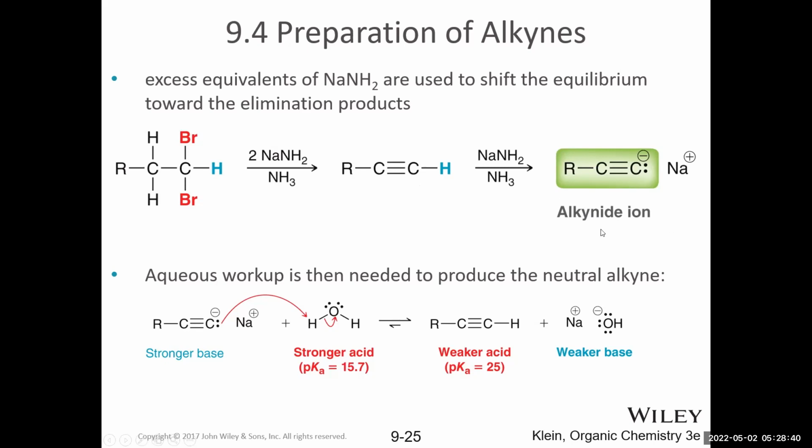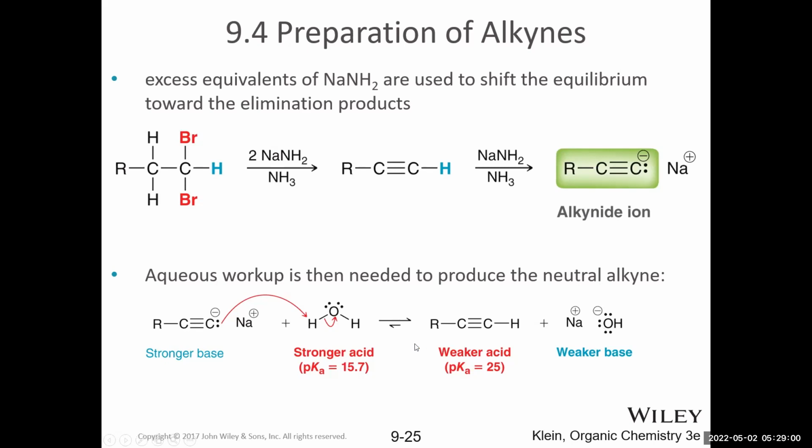Once we get the alkanide ion in solution, we just need to do an aqueous workup to isolate the terminal alkyne. Even just adding water is a strong enough acid to protonate a terminal alkanide ion to form a terminal alkyne and sodium hydroxide.